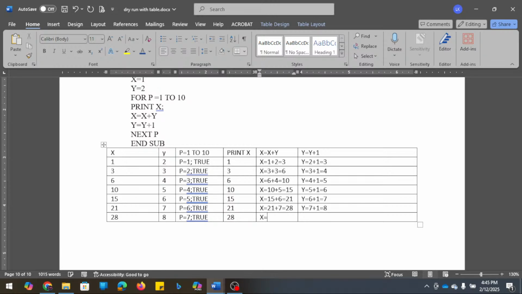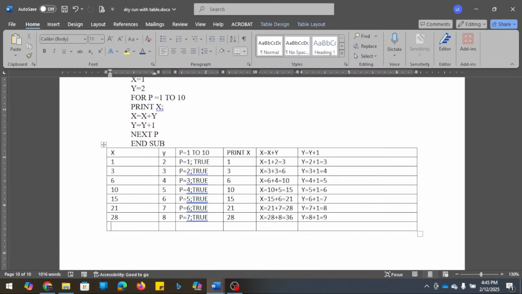X is 28 plus y, y is 8, so 36. Y equals y plus 1, 8 plus 1, 9.